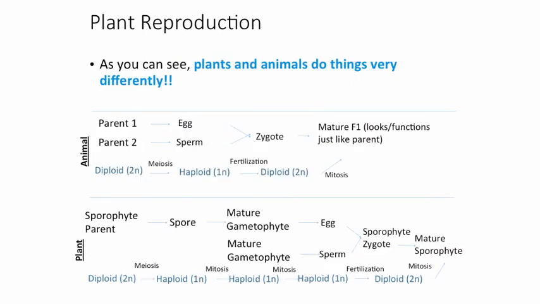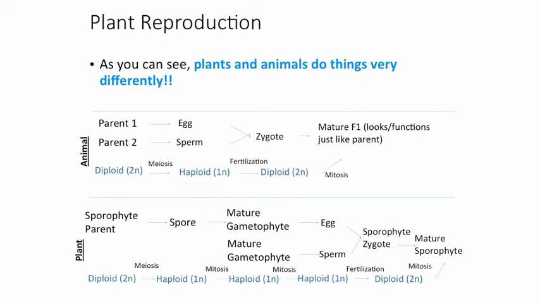And so what we can see is that plants and animals are very different. In animals, when there's meiosis, we produce egg and sperm, but in plants when there's meiosis, we end up producing spores. Just to walk through this again, remember animals: two diploid parents, meiosis to produce haploid egg and sperm, fertilization to make a diploid zygote.